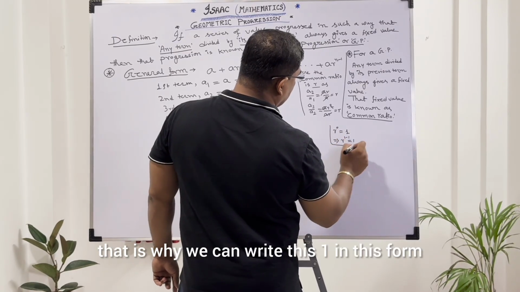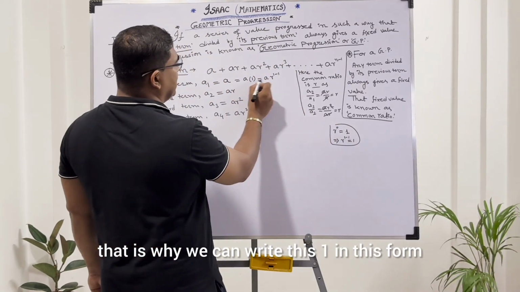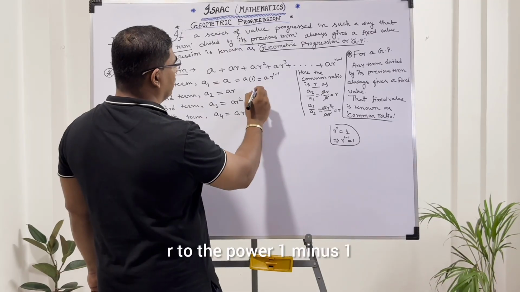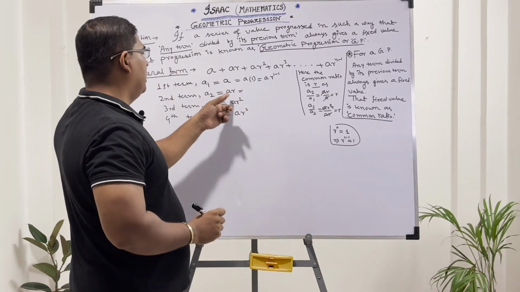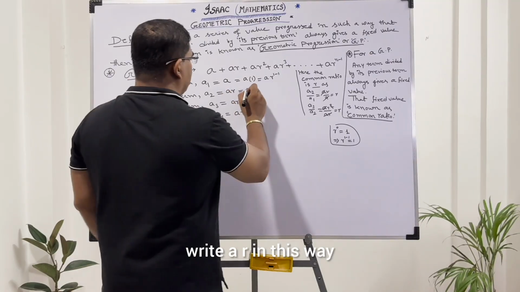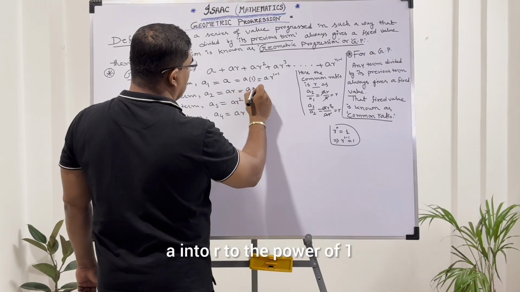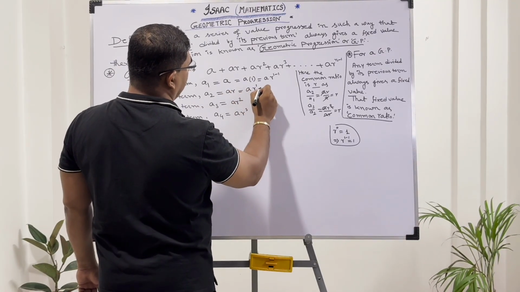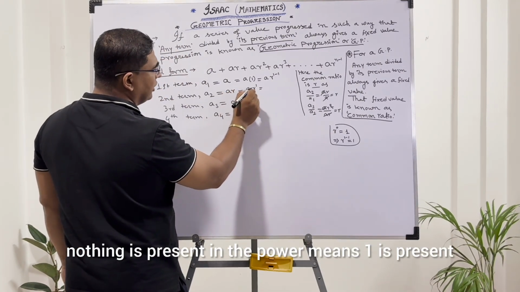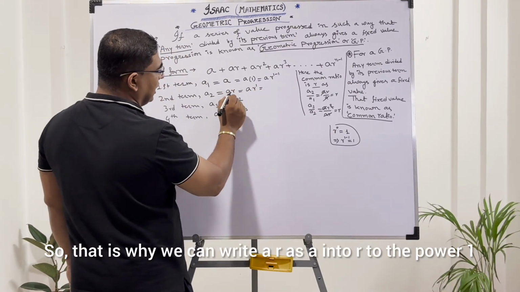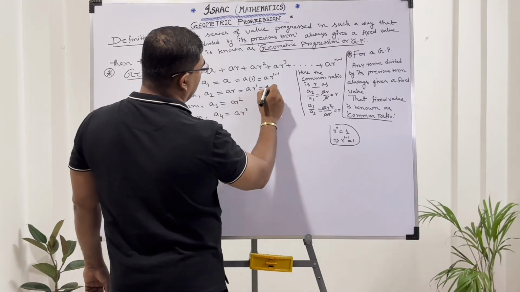That is why we can write this 1 in this form, R to the power 1 minus 1. Similarly, we can write AR as A into R to the power 1. Nothing is present in the power, means 1 is present.